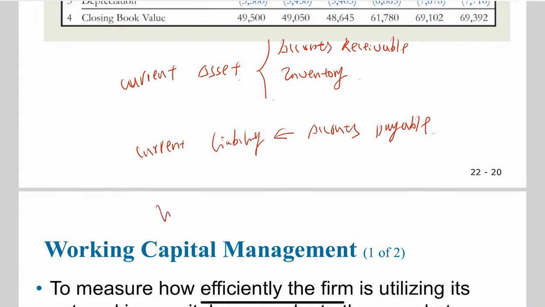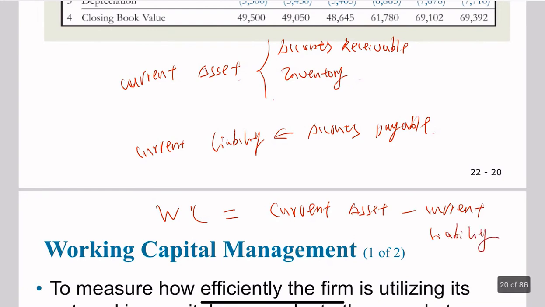And we know that working capital equals current asset minus current liability. So generally, if you want to manage your working capital in an efficient way, you want to reduce your current asset, and then you want to increase your current liability.